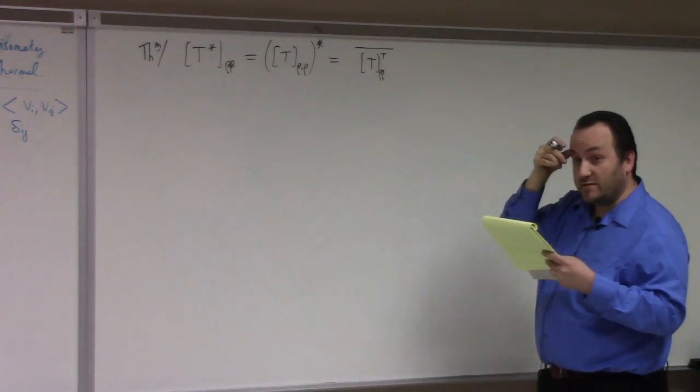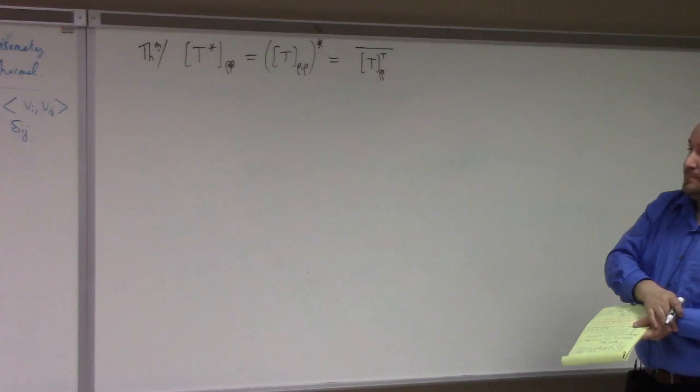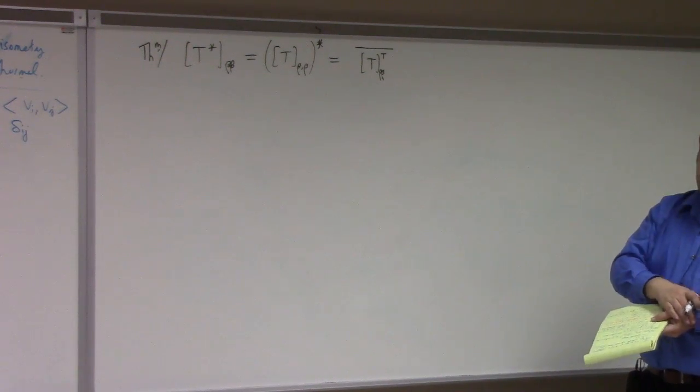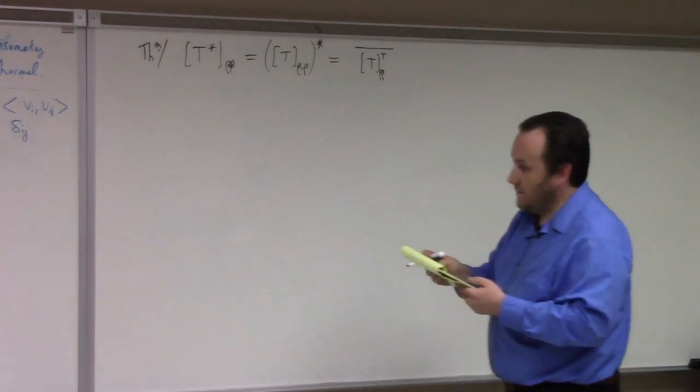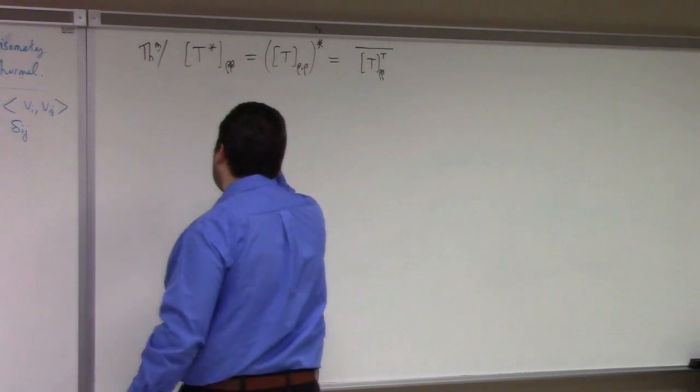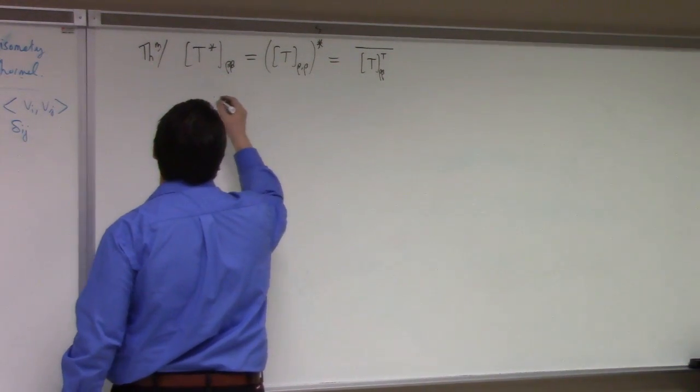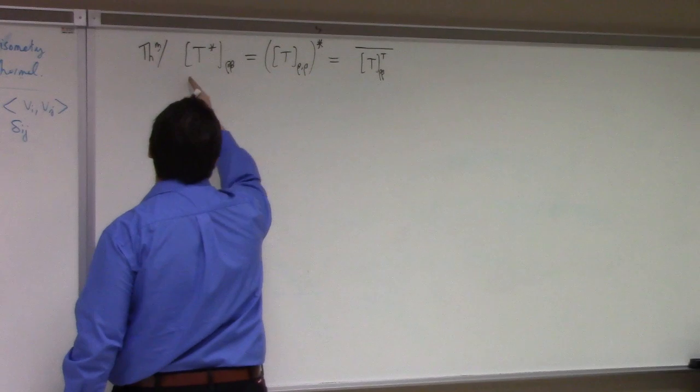So take the complex conjugate and transpose it, or vice versa. And on the other side, we have the adjoint. So let's see here. How do you get the ijth component of this thing?